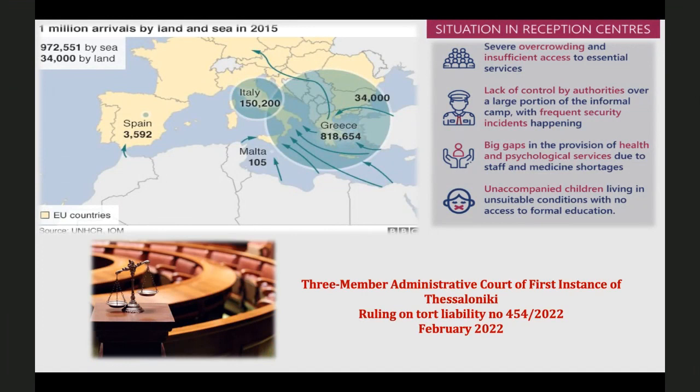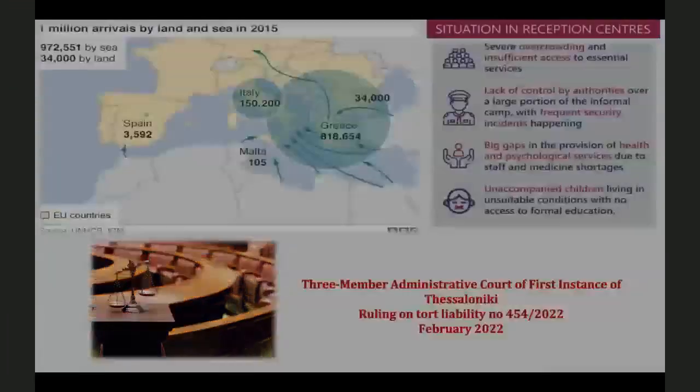More specifically, the court made clear that living in a temporary tent with absolutely no access to basic services and necessary infrastructure violates national and European legislation.